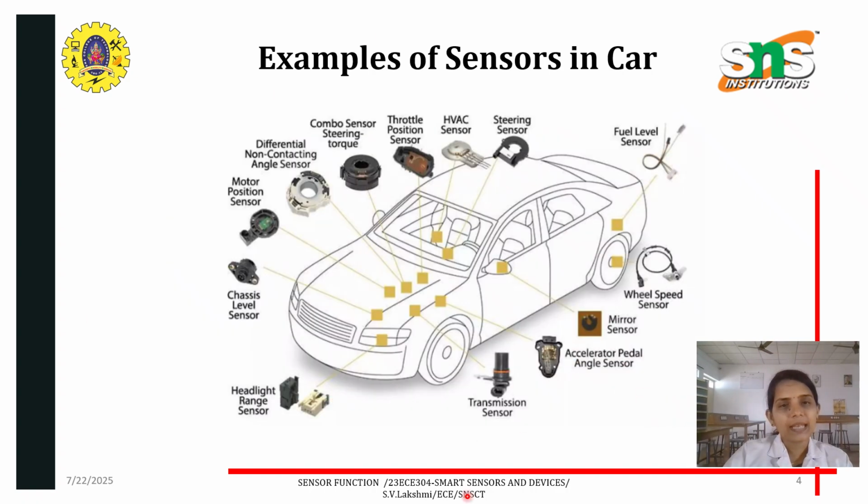Here is an example of the importance of sensors in a particular system. We can see that in a car, there are a lot of sensors playing a vital role.